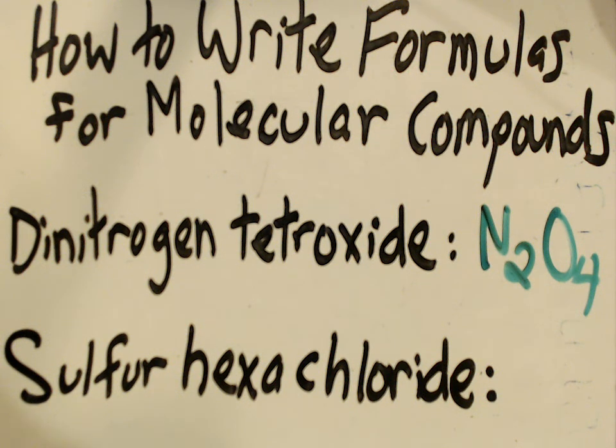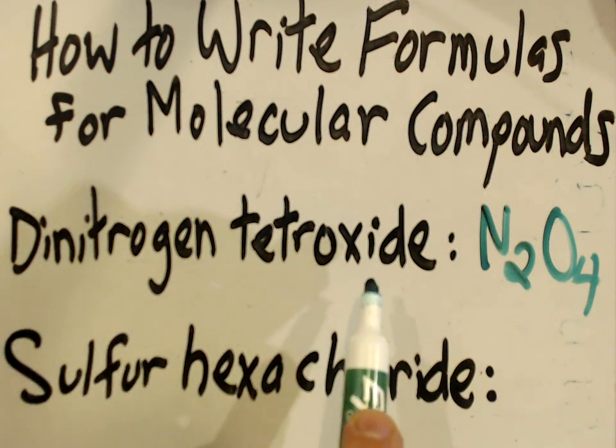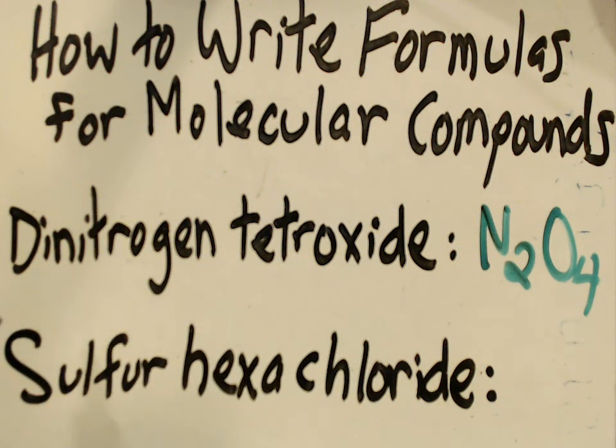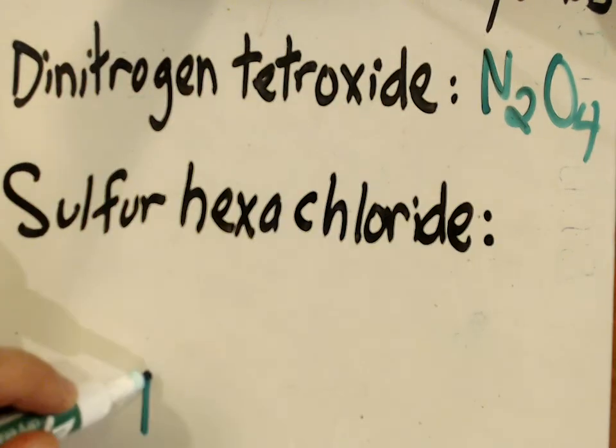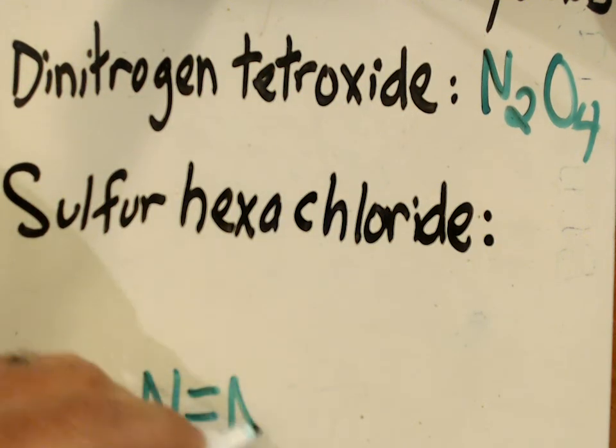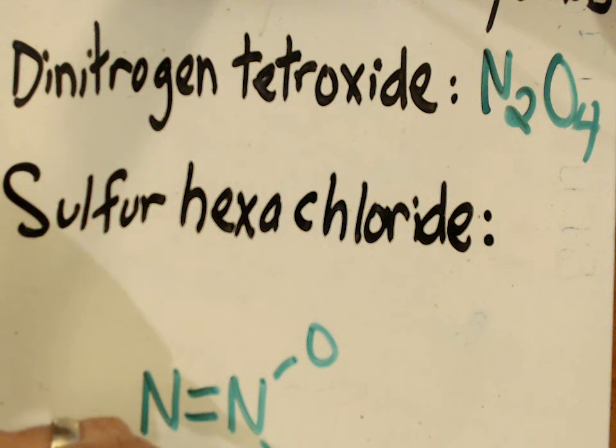Wait a minute, Mr. Moffat. Shouldn't you reduce? No, you should not. We are not reducing. This name literally says 2 nitrogens, so we have to show 2 nitrogens. It literally says 4 oxygens, we have to show 4 oxygens. The name dinitrogen tetroxide does refer to a compound whose molecules look something like this.